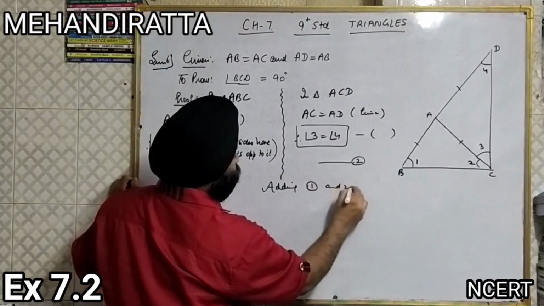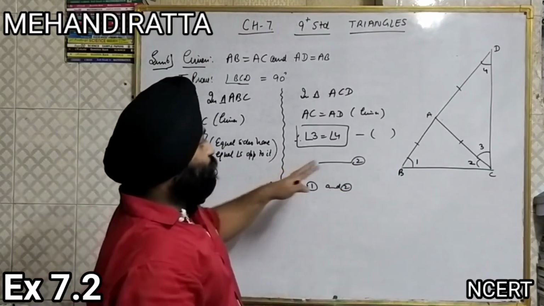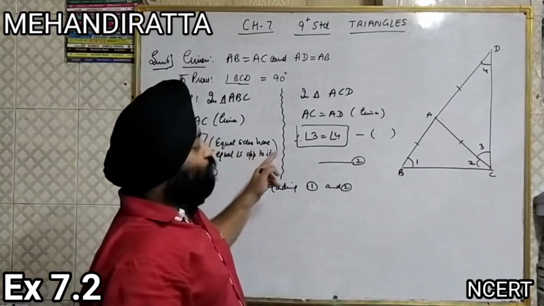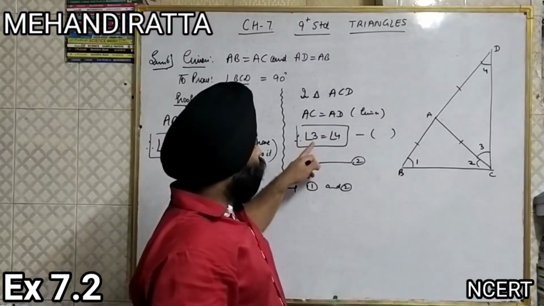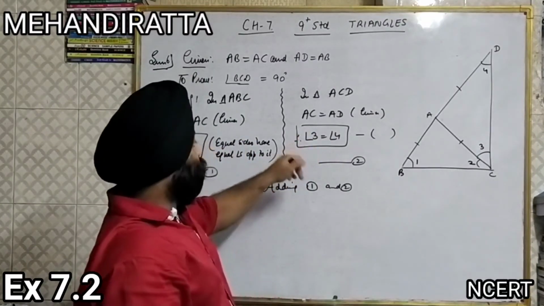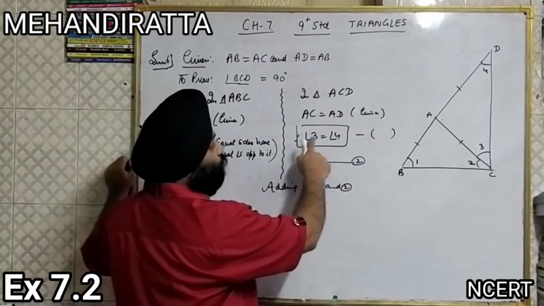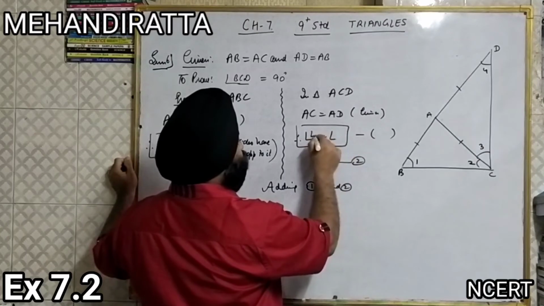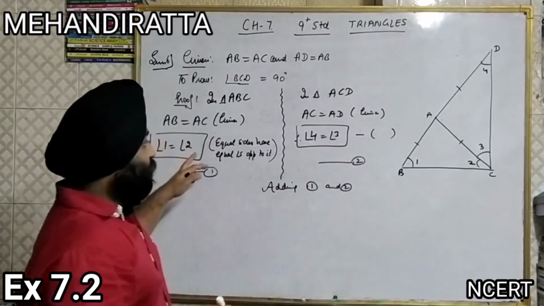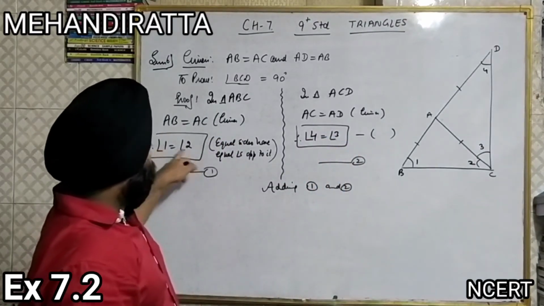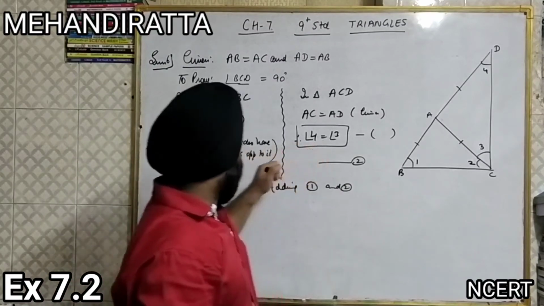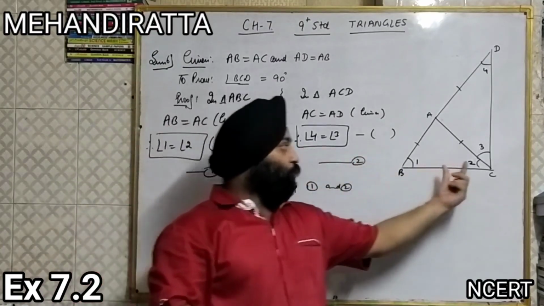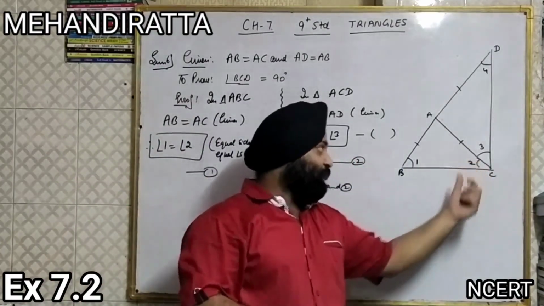In this case, firstly 1 equals 2, and 4 is equal to 3. Angle 4 is equal to 3. Why? We have collected angle 2, angle 1 and angle 4, and angle 2 and angle 3 on one side.